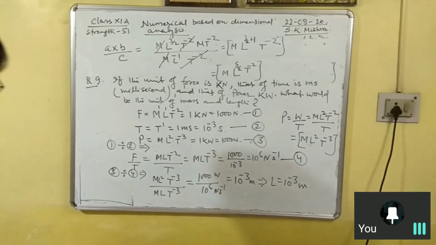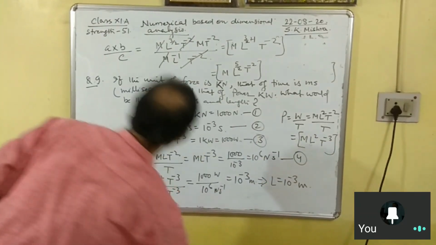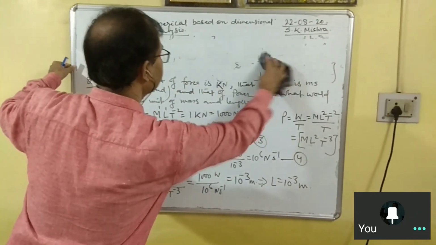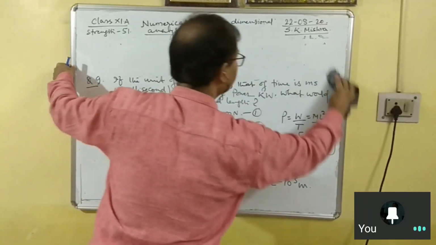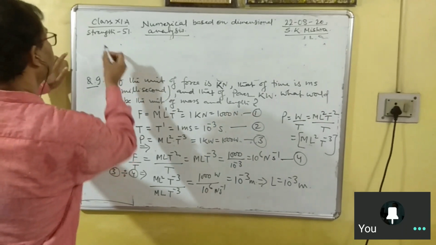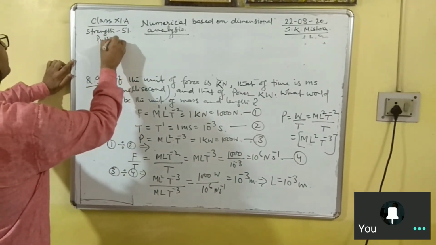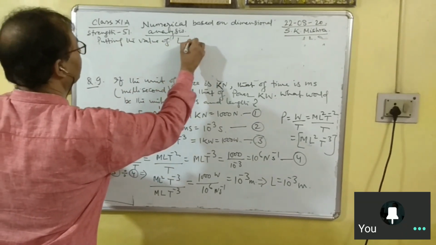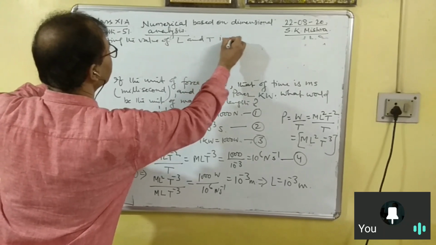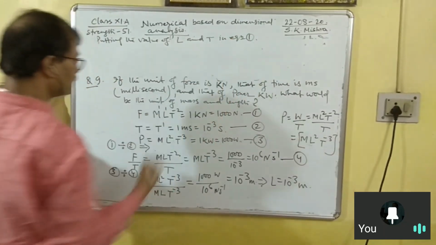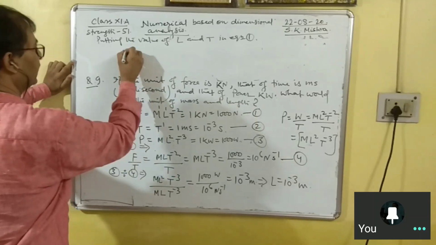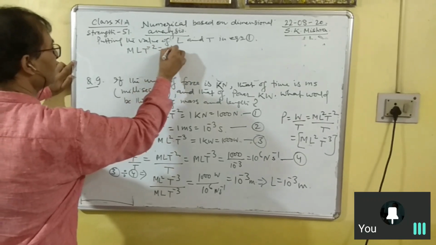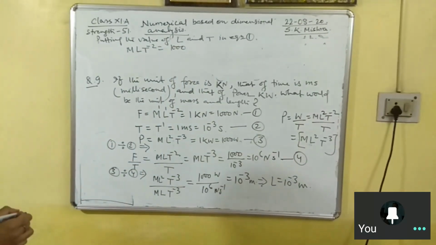Now putting the values of L and T in equation 1. So what is our equation 1? mLT raised to minus 2 is 1000.